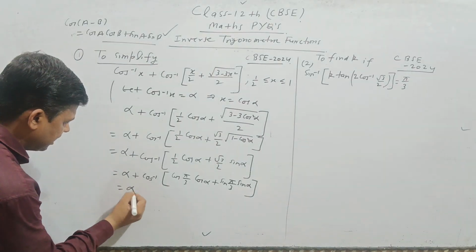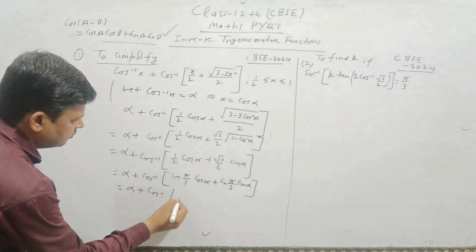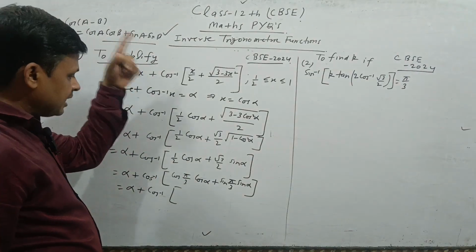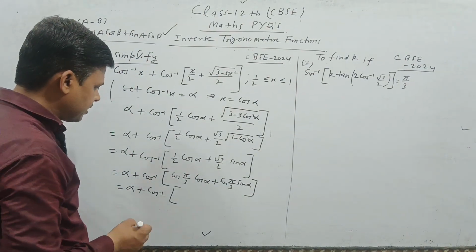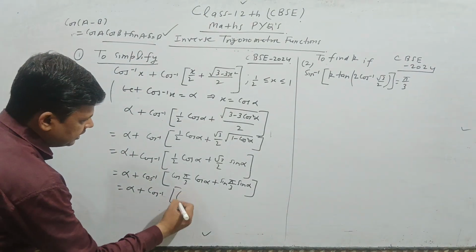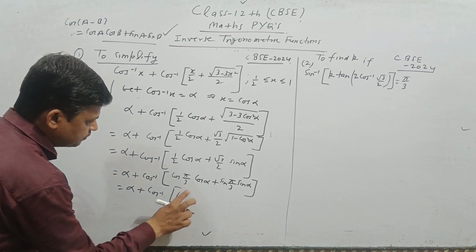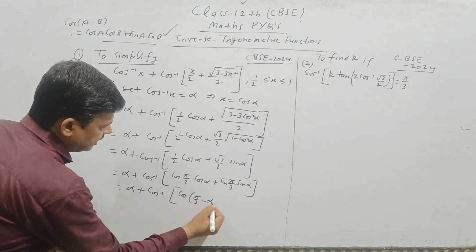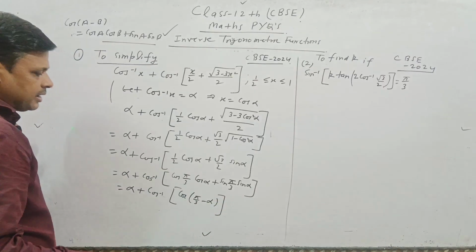So we will write alpha plus cos inverse, what is this? It is cos (A minus B). So you can write it cos of (pi by 3 minus alpha).